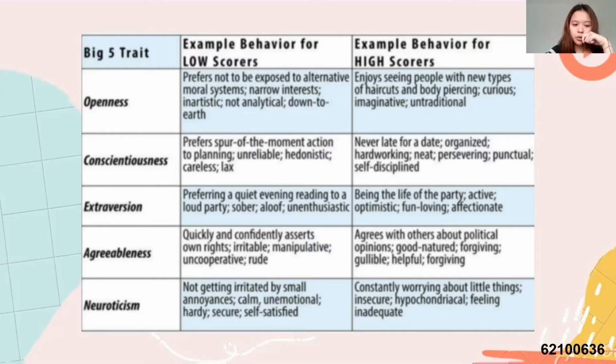People who have a low score do not get irritated by small annoyances, and are calm, unemotional, hardy, secure, and self-satisfied. And people who have a high score constantly worry about little things, and are insecure, hypochondriacal, and feel inadequate.